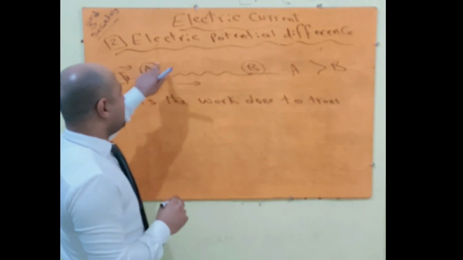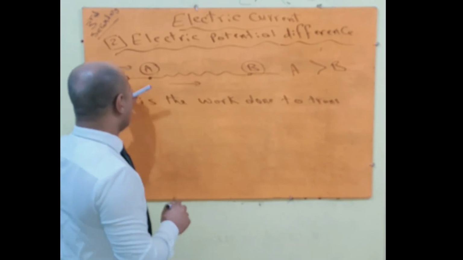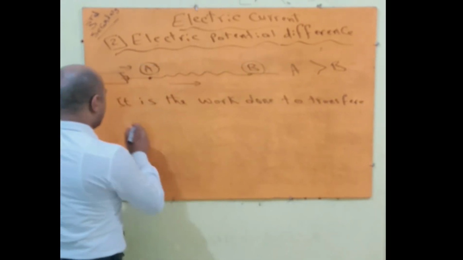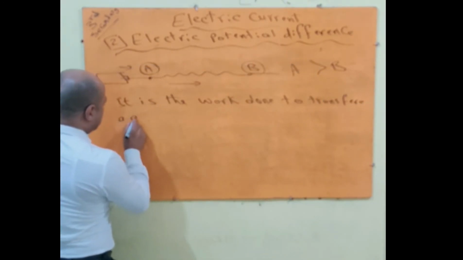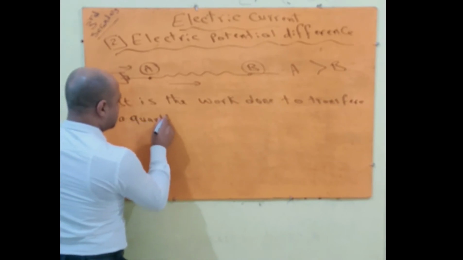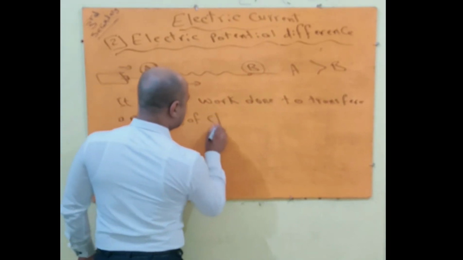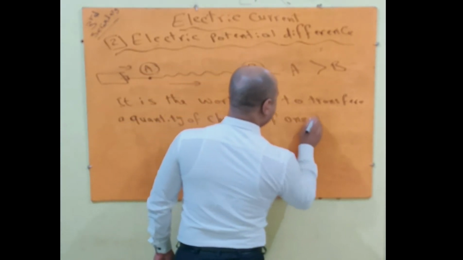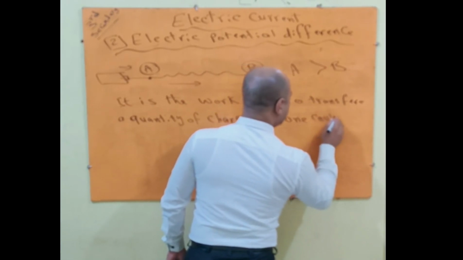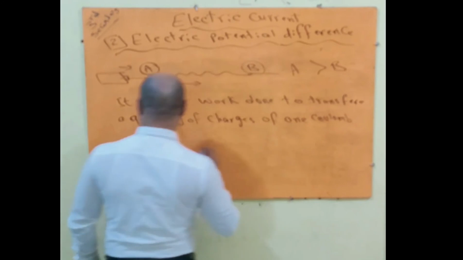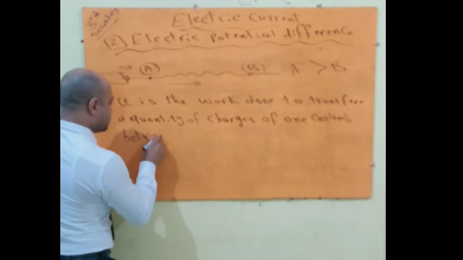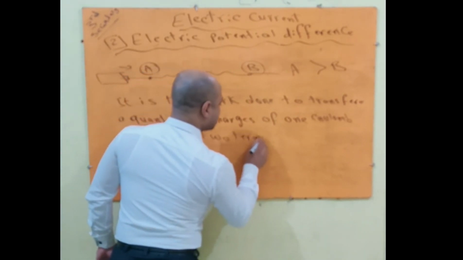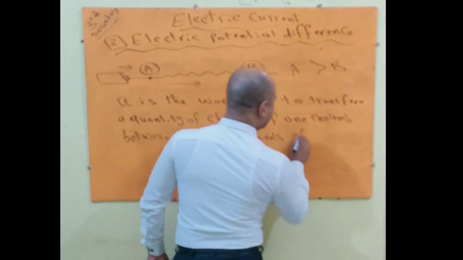So we can define the electric potential difference: it is the work done to transfer a quantity of charges of 1 coulomb between the two terminals of a conductor.